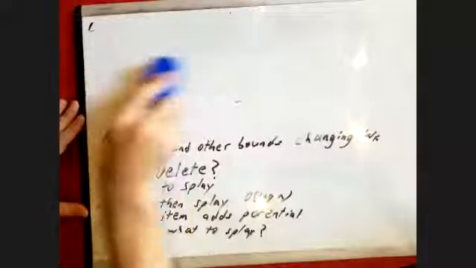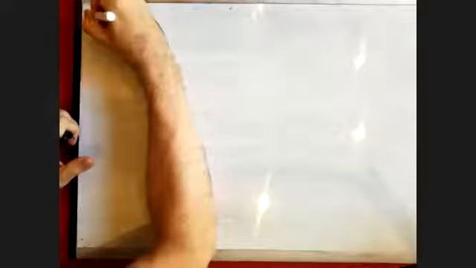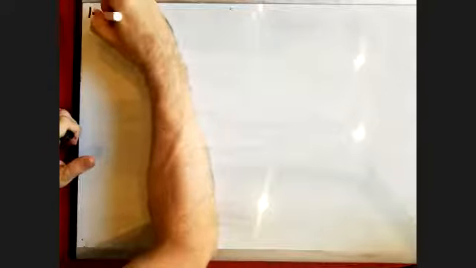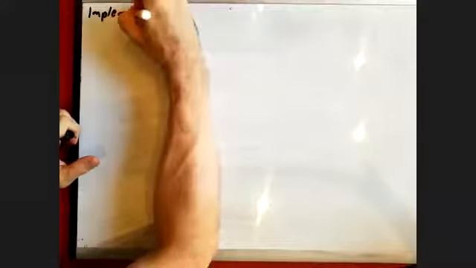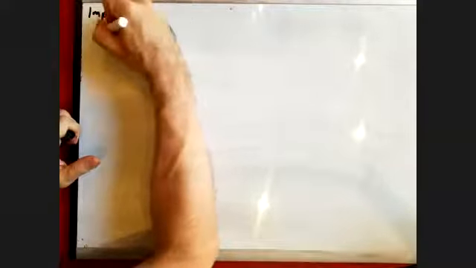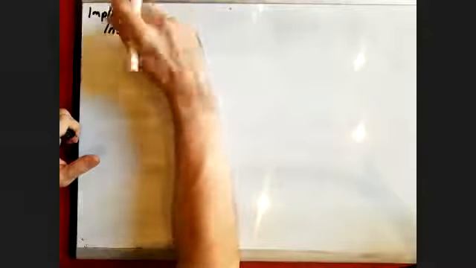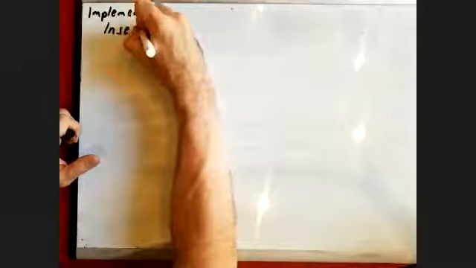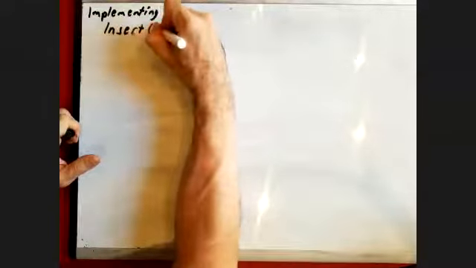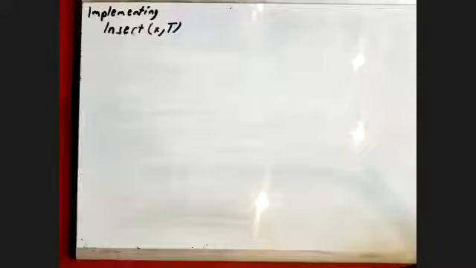So now that we've got those two operations, how do we implement insert and delete? We split at x first.